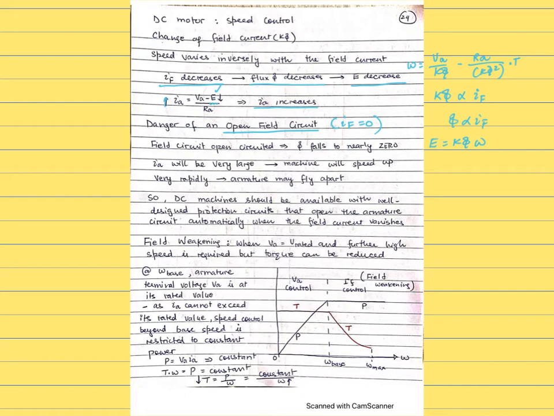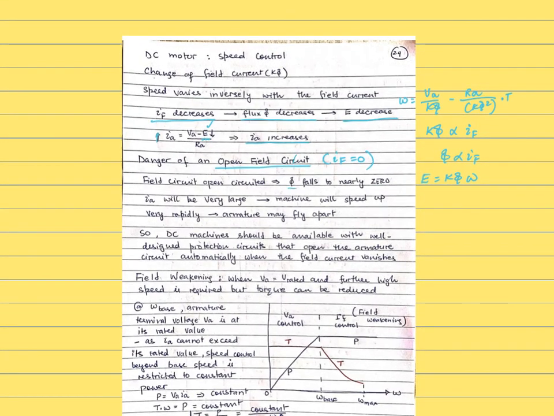So an open circuit of the field circuit leads to phi being nearly 0. Why nearly 0? Because this is the kind of graph we have for the flux and the field current; right here there is a residual flux, so it does not go to 0.